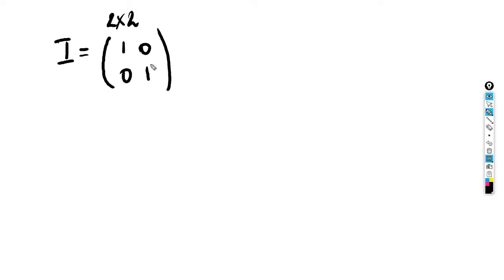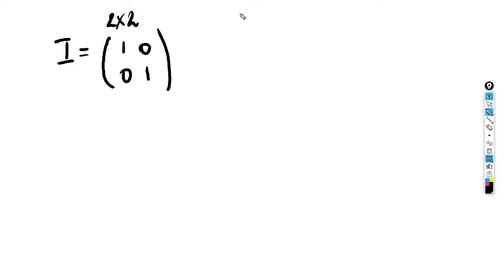So essentially, for the identity matrix, let's just draw I here. The identity matrix is equal to, for a 2 by 2 matrix, 1, 0, 0, 1. So the main diagonal is 1 and the other numbers in the matrix are 0, right?